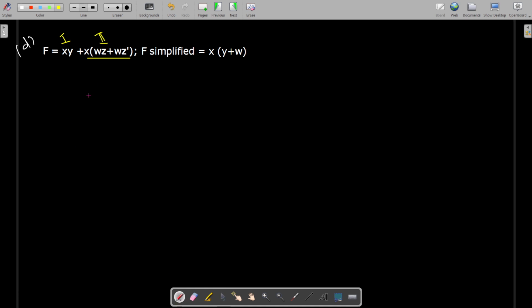When we consider the first term xy, it is ANDed, right? In between x and y we have the dot product, so a two input AND gate can provide this function. Then when you look at the second term, we have x ANDed with wz plus wz dash, isn't it?